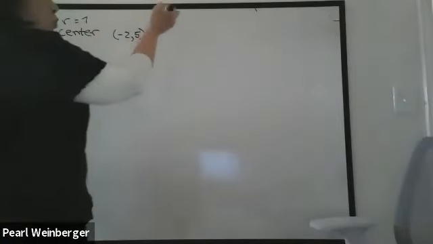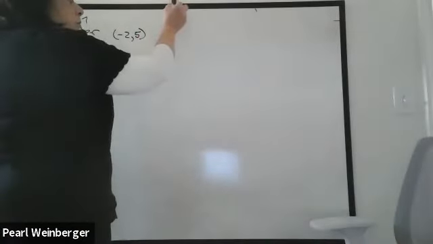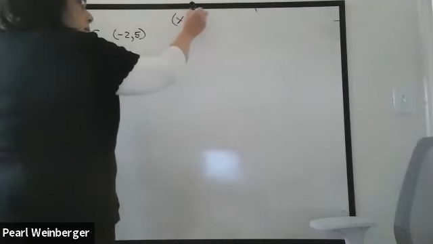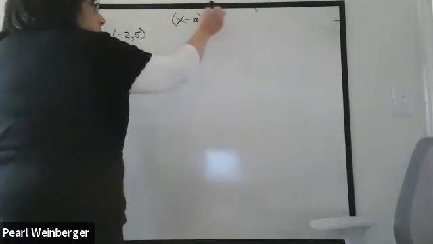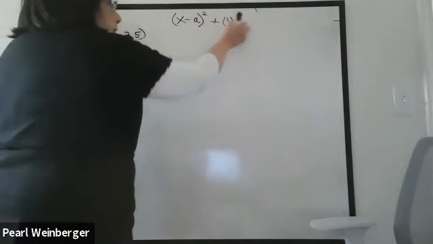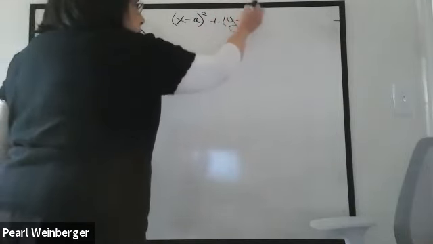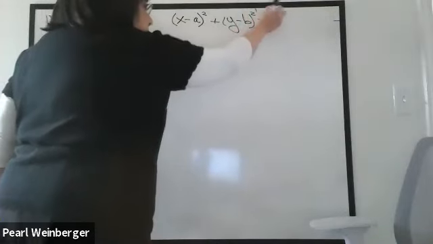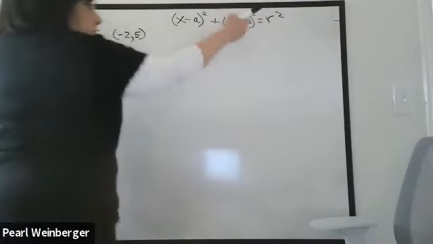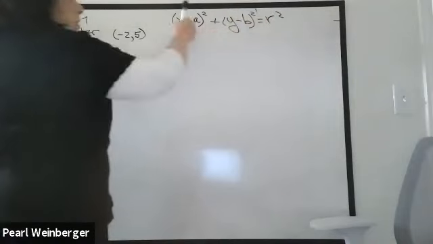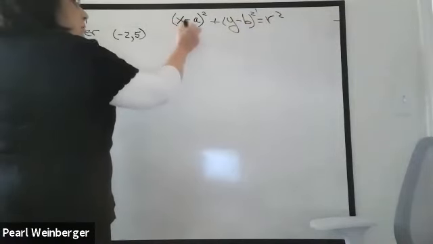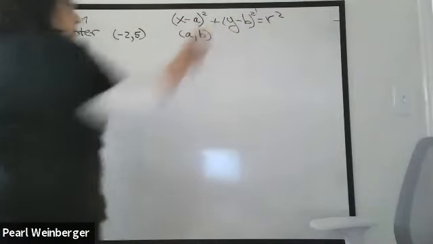Now, if we recall, the standard form of the equation of a circle is x minus a squared plus y minus b squared equals r squared, where obviously r stands for the radius and the center is the point a, b.